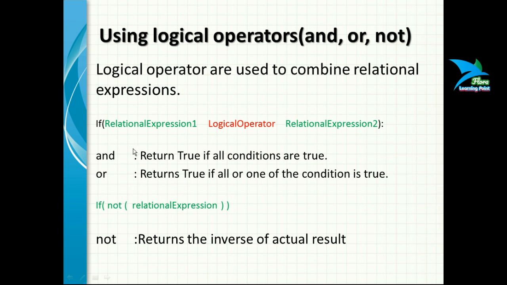If the condition is true, NOT will convert that result to false. If the condition is false, then the NOT operator will return true. So that's all about the and, or, not operators. Then next we'll discuss how to use these operators in if or any conditional statement.